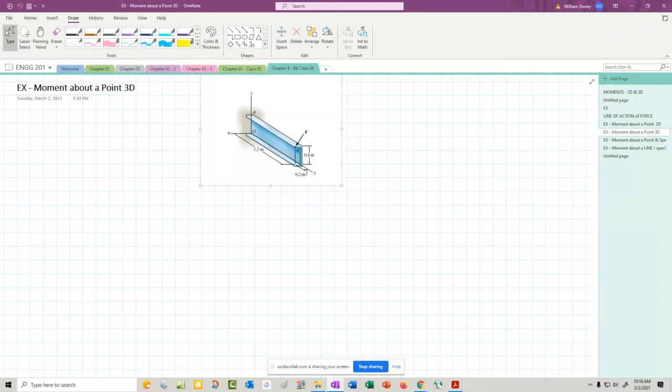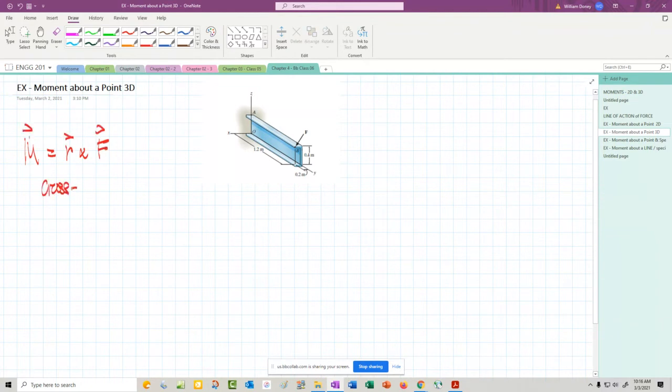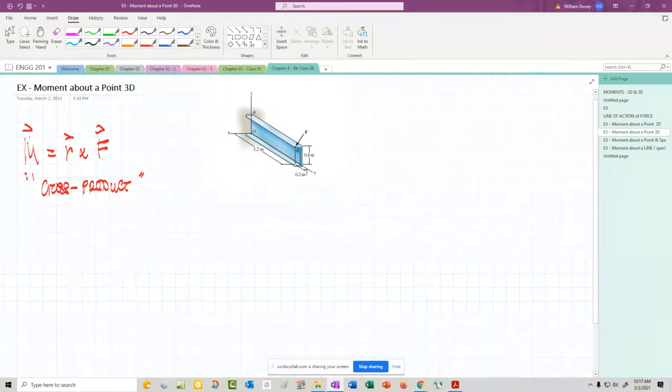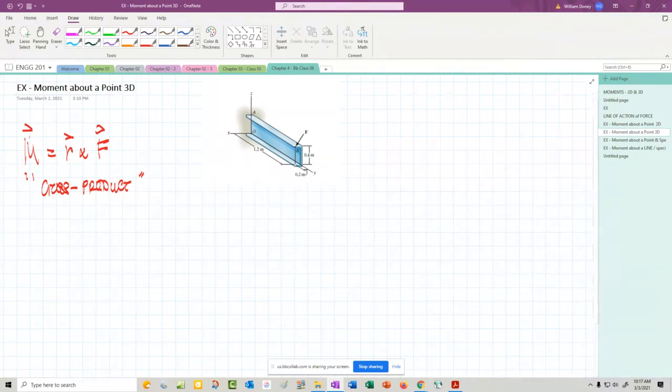All right, so we are in 3D. When we find a moment in 3D, it's going to be R cross F. This is the cross product. This is something that should have been covered in your Calc 3 class, which you should be in or have already taken.